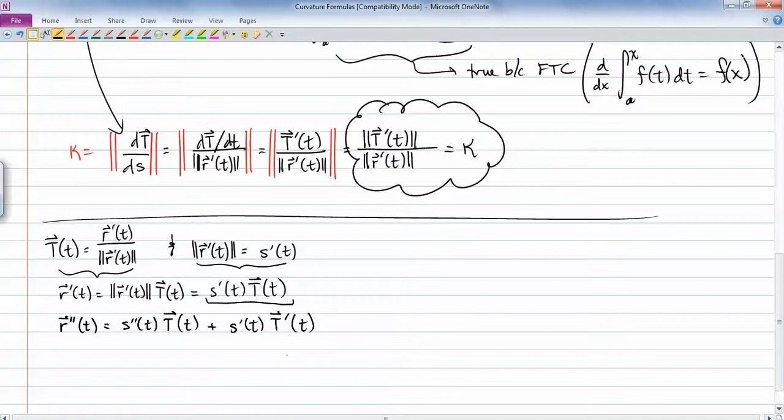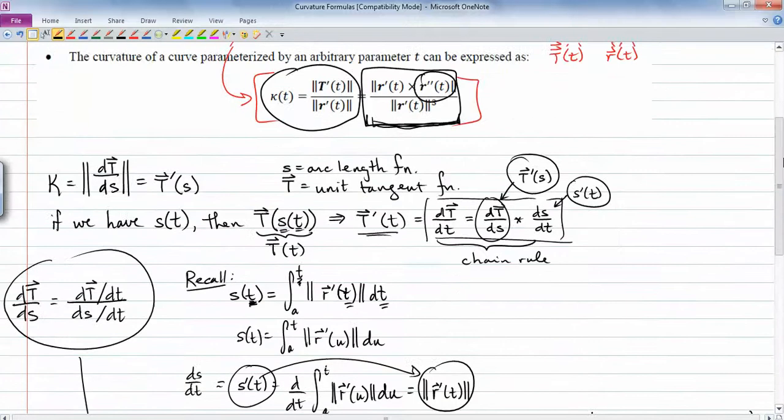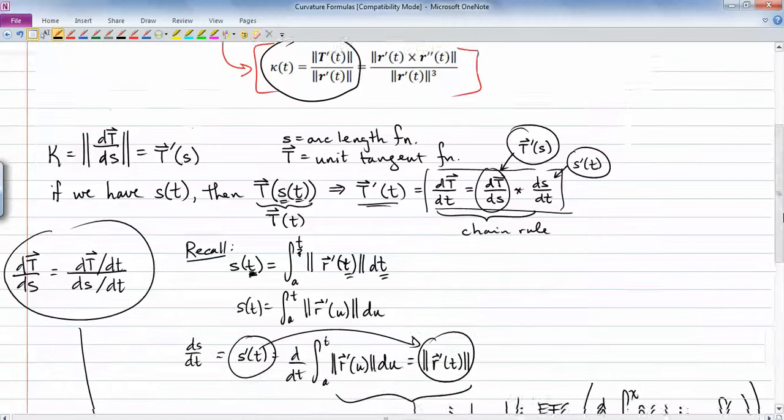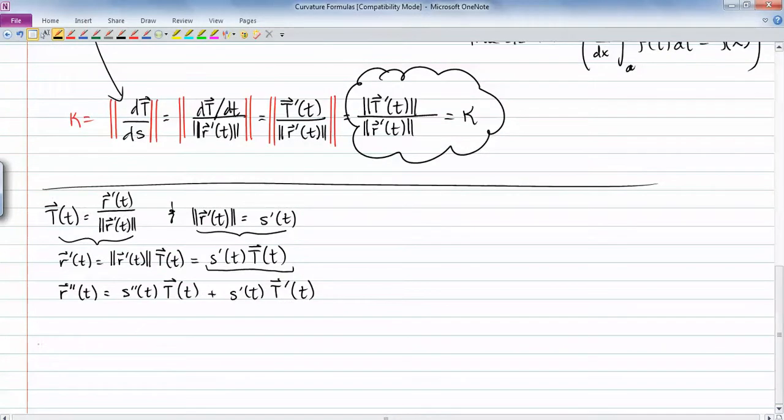Yeah, that's right. Now back up here in the equation, I need the cross product of r prime and r double prime. So let's calculate that: r prime of t cross r double prime of t.